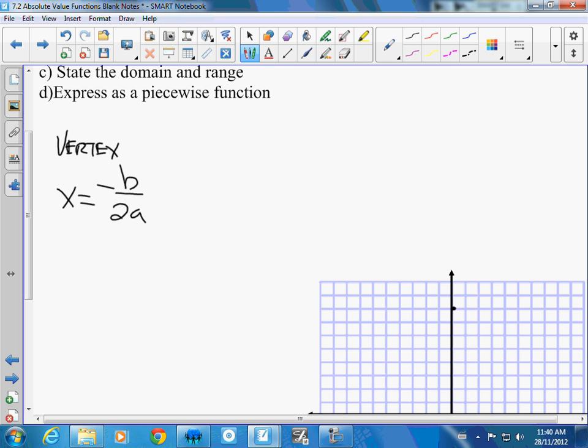Remember this? This gives you the x value of the vertex. Then if you know the x value of the vertex, how do you find the y value? You plug it in. Negative b over 2a.